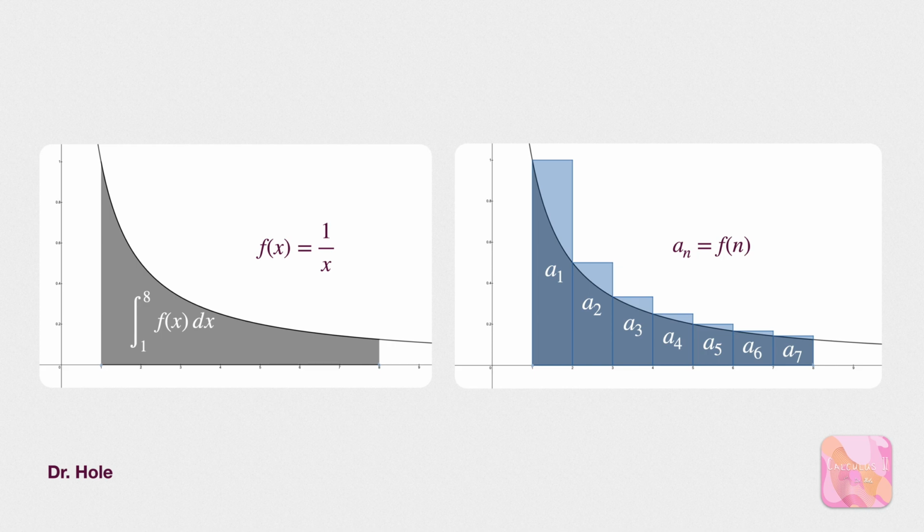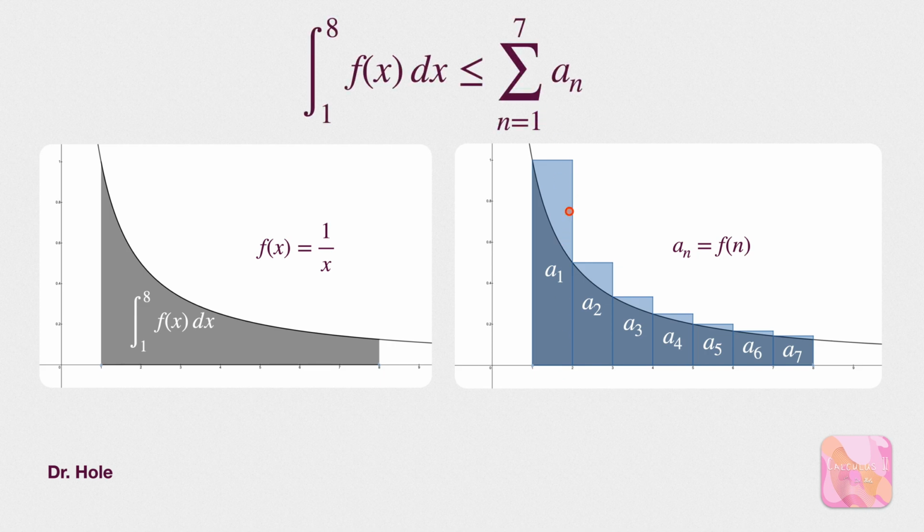The next thing to note is that, as we said earlier, the rectangles protrude past the curve. Therefore, the area in the rectangles will be greater than the area underneath the curve over the same interval. Very nice.